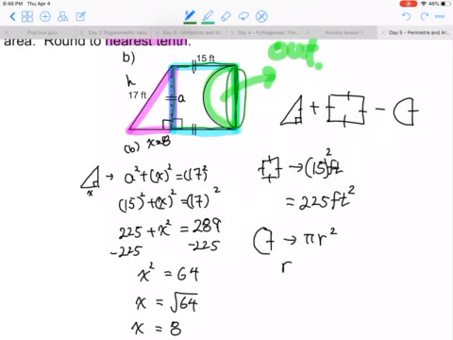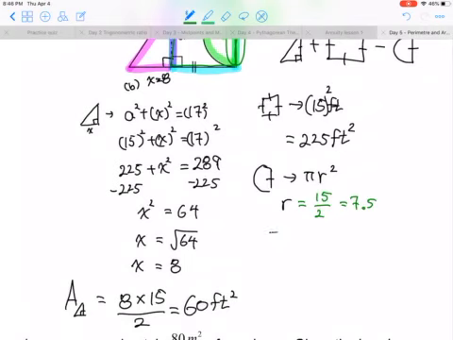So r is half of 15, which gives me 7.5. So now we're going to just assume that pi is approximately 3.14, and we're going to keep that number here.